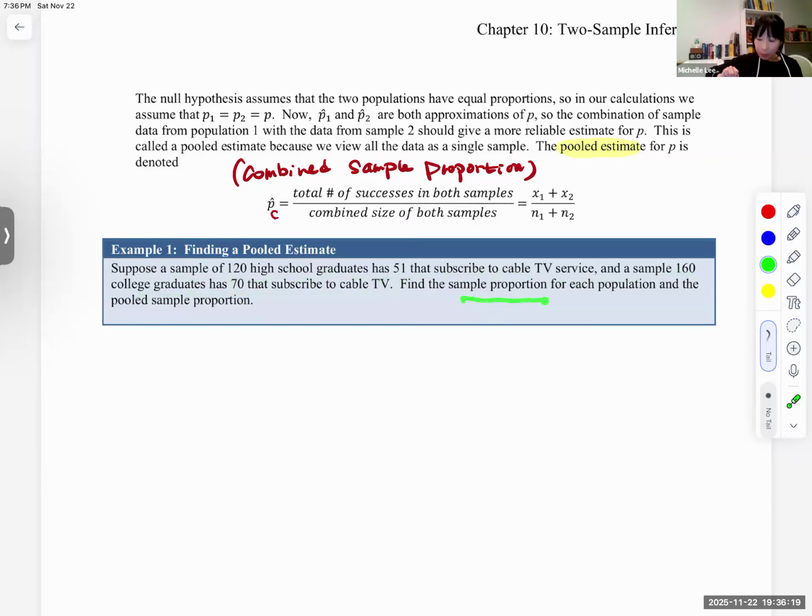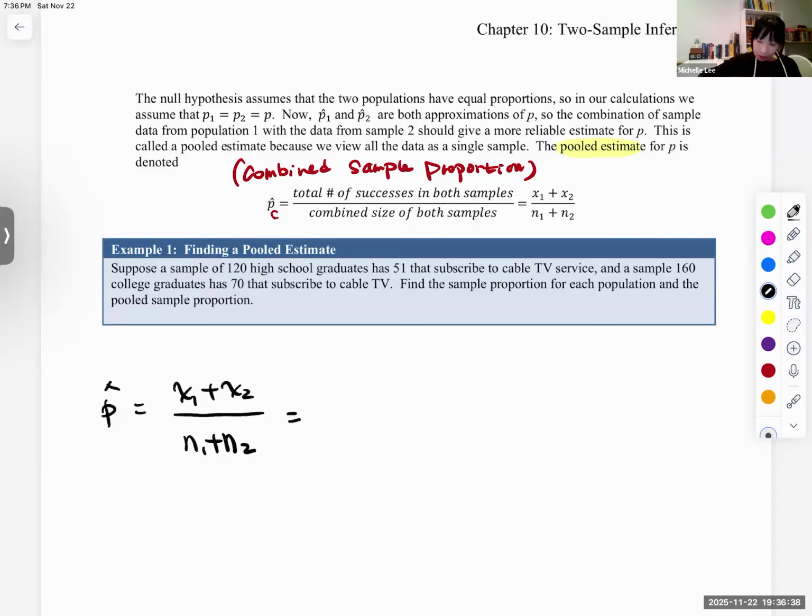Find the sample proportion for each population and the pooled sample proportion, right? So p hat equals x sub 1 plus x sub 2 over n sub 1 plus n sub 2.